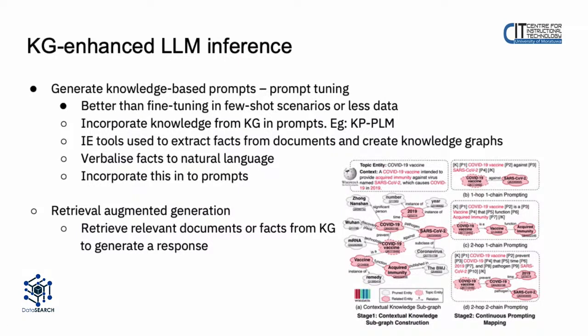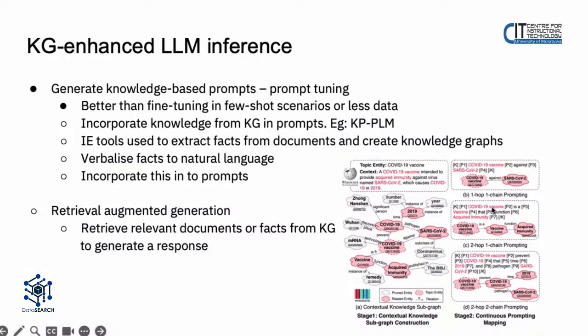And it also has the other entities that you can see here. Some of them are topic entities, some of them are related entities, and you can see the different relationships between them.